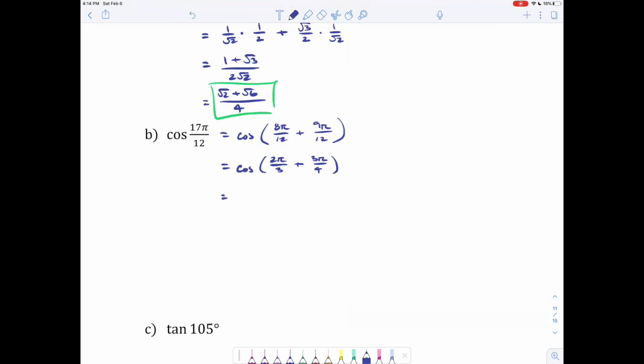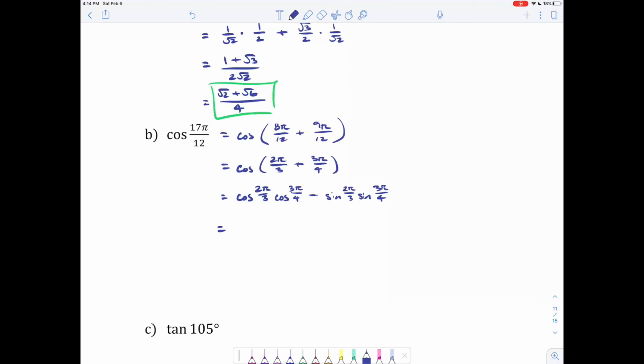Anyways, cosine is cos cos minus sine sine. So cos of 2 pi over 3 times cos of 3 pi over 4 minus the sines of those angles. Sine of 2 pi over 3, sine of 3 pi over 4. And now I'll evaluate those four ratios.